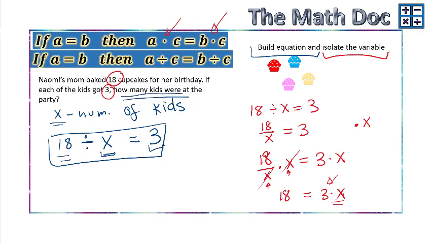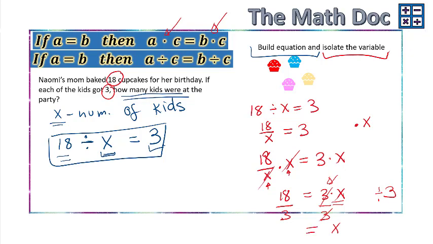So let's take a second step and divide now both sides by 3. We'll divide this side by 3 and this side by 3, right? And we keep the equality because we were careful to divide by the same number. So on the right-hand side, we get x, right, because the 3s cancel.